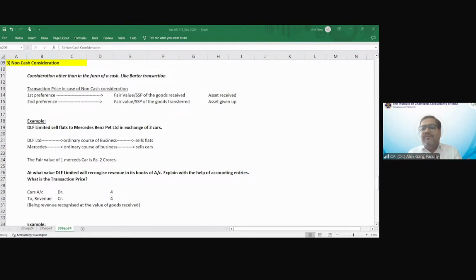Now, I am paying something to the customer. Why will I pay something to the customer? For example, when the customer buys goods and services from the entity, generally the entities give some cashback. Have you used Paytm?